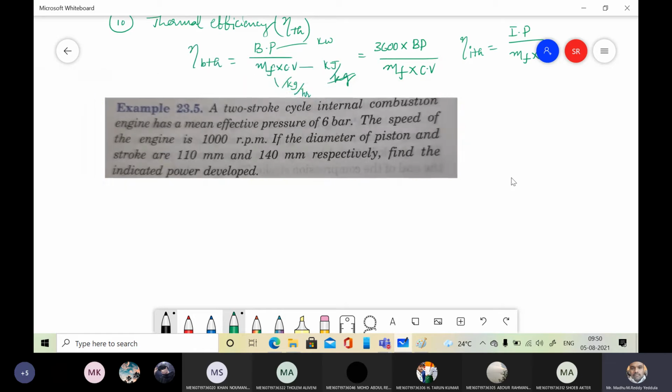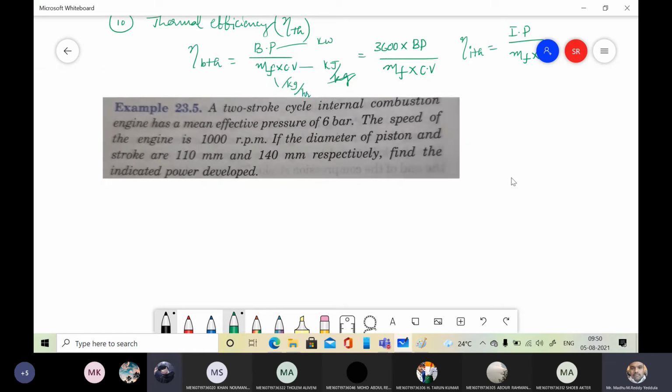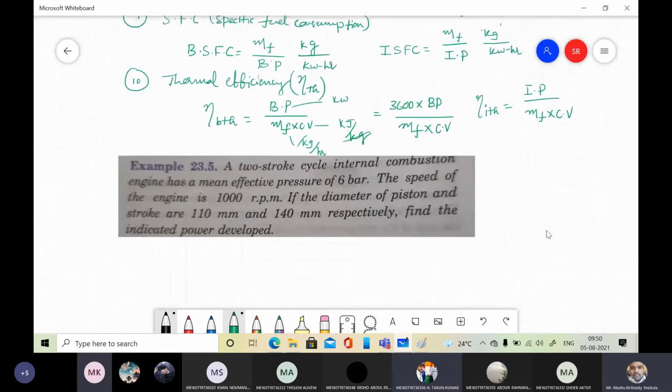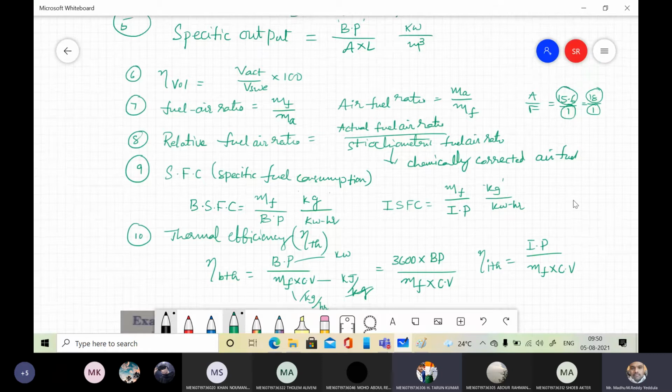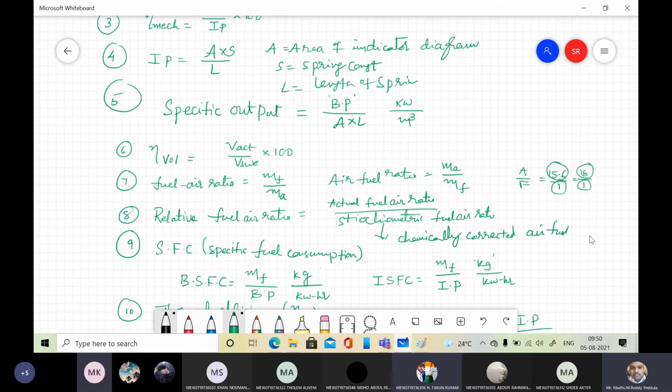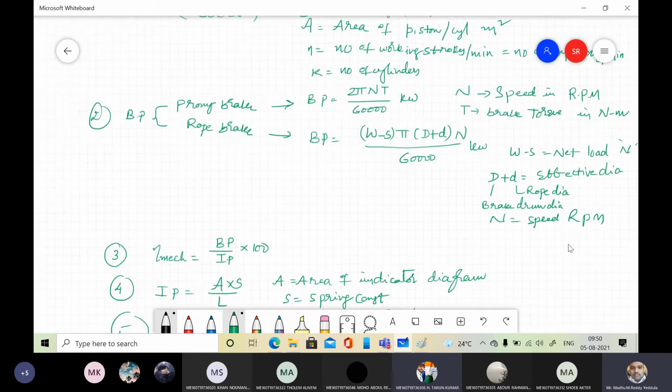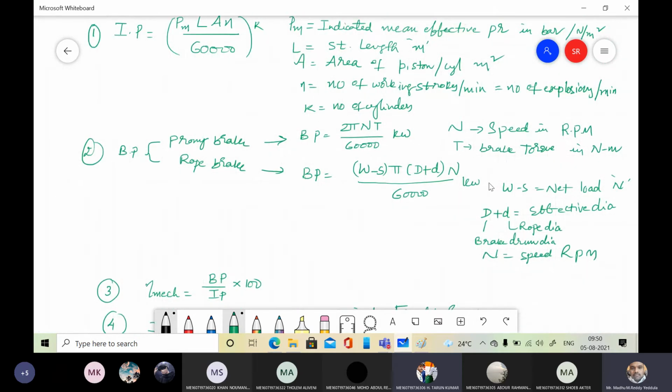Are you able to read this problem? Yes, sir. So all of you copied the formulas, right? If you want, I will open it again. You can take a screenshot. Please respond. Please mute your mics.